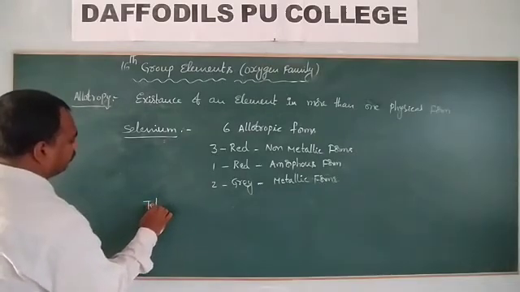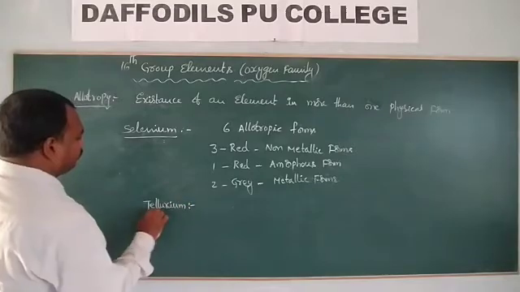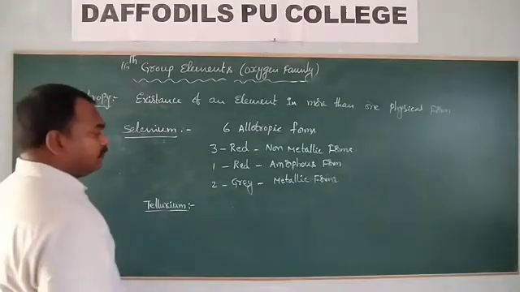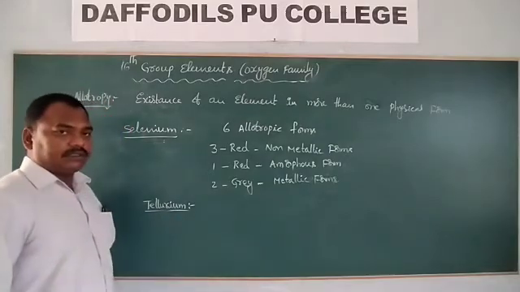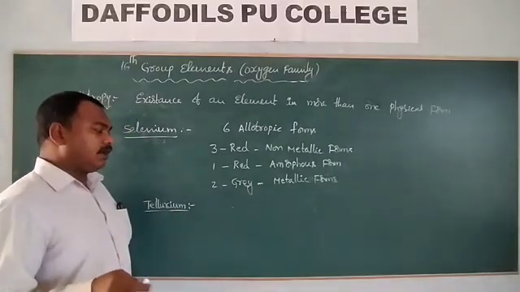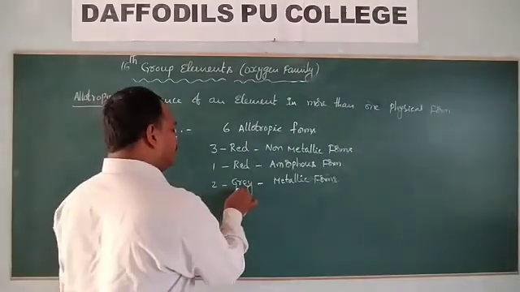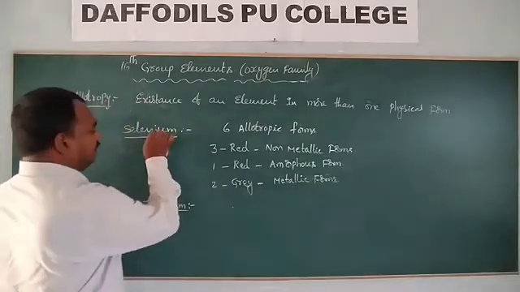Tellurium. This tellurium does not show allotropy. It has only one crystalline form, and that one is isomorphous with the gray form of selenium.